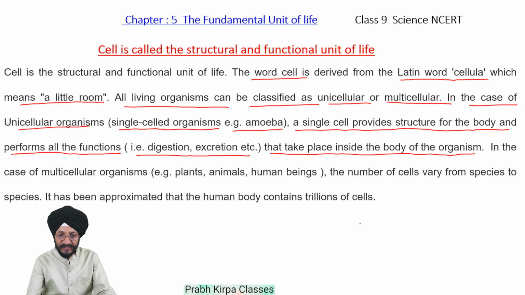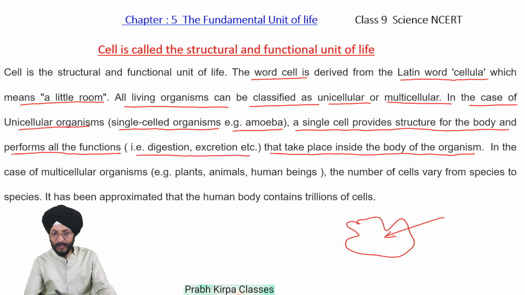You might have seen amoeba whose shape may be anything like this, and all the functions such as digestion, excretion, etc., take place in the single cell. This is the single cell.